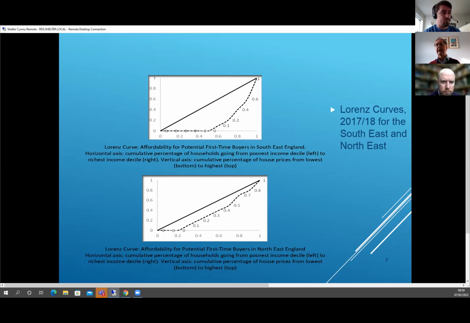But basically, if you were in the bottom half of the income distribution, you wouldn't have been able to afford to become an owner-occupier, at least on the assumptions which we made. Now, the bottom one for the Northeast is much less extreme, but it still exists. There is still a gap. To say that there's no affordability problem in the Northeast is not the case.